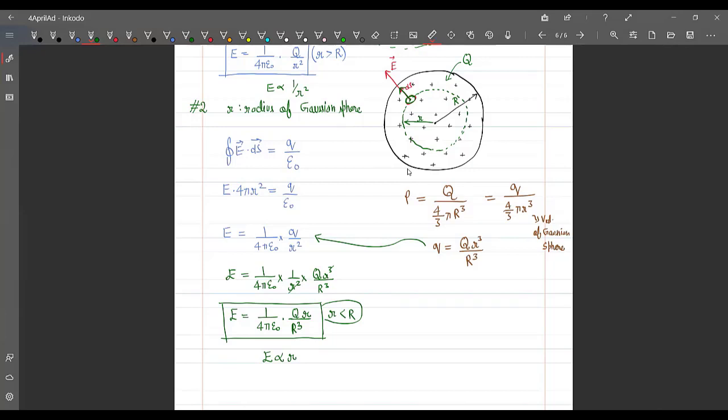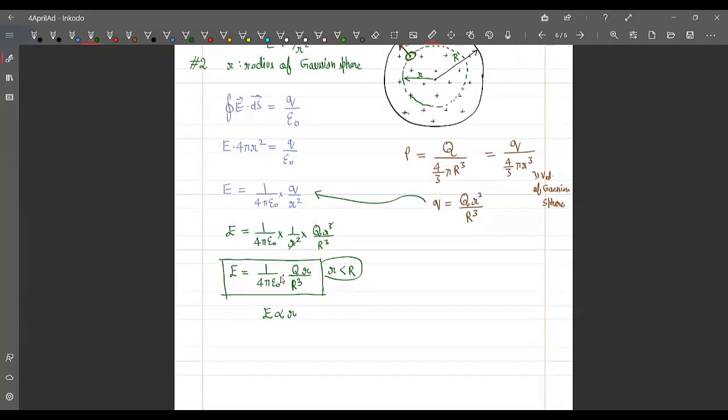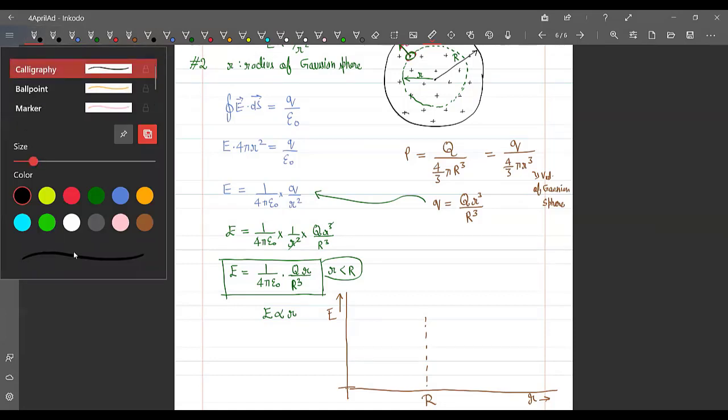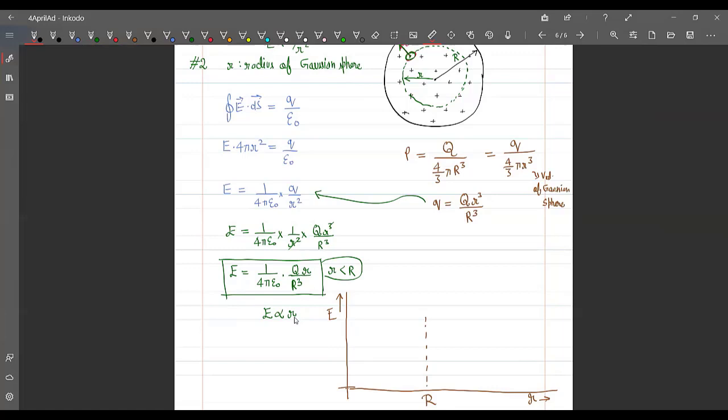Any questions? So if I go to draw the graph between the electric field versus r, up to capital R it will simply be a straight line, because when r is 0, electric field is 0.